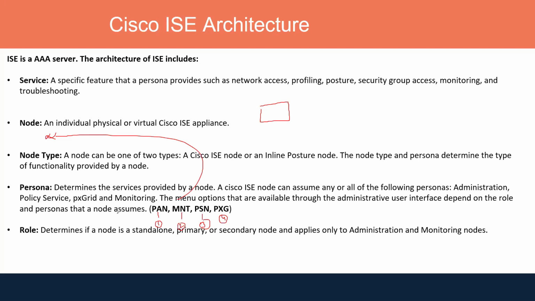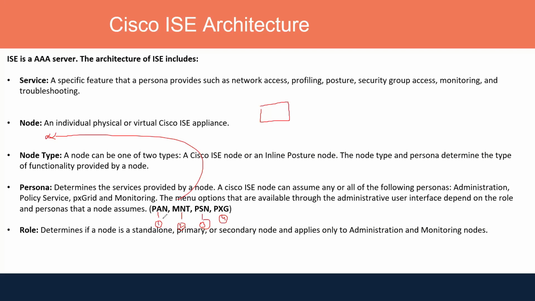Okay. What is the use of these personas? If I talk about PAN, the Policy Administration Node, this is the single place of glass for Cisco ISE administration and configuration operations. So all types of admin work which you are doing is done via PAN.